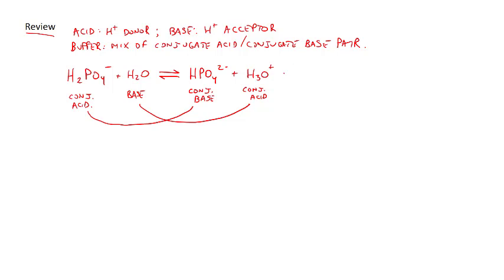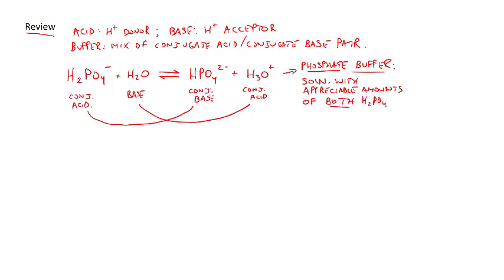Now, phosphate, which is what we have here, is useful as a buffer. So in a phosphate buffer solution, we have appreciable amounts of both H2PO4- and HPO4 2- at the same time in solution.